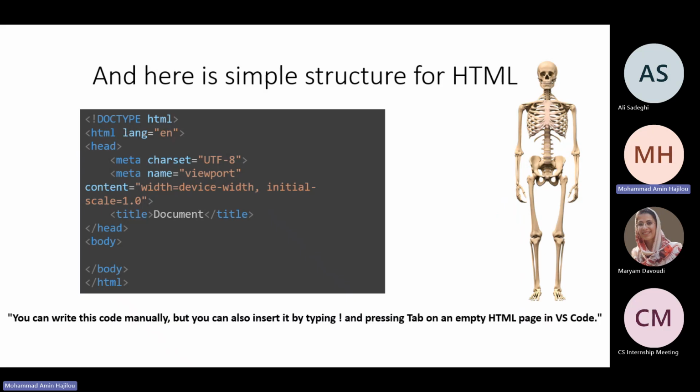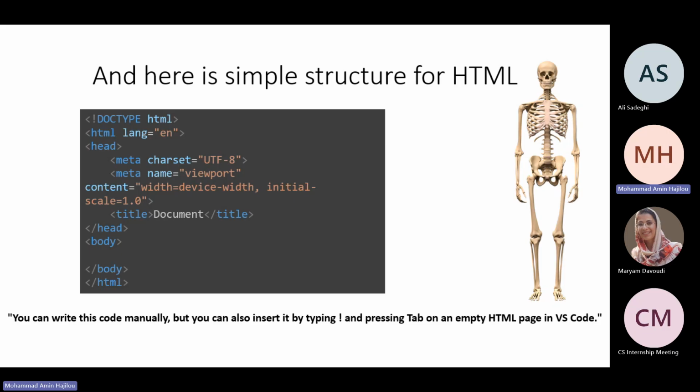The html tag is the root element of the HTML document. The lang attribute specifies the language as English. Head contains meta information about the document, like the title, the icon, the styles, viewports. Meta charset UTF-8 sets the character encoding to UTF-8, which supports most characters from all languages.